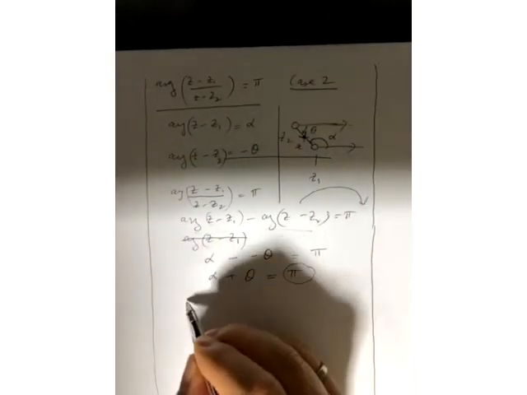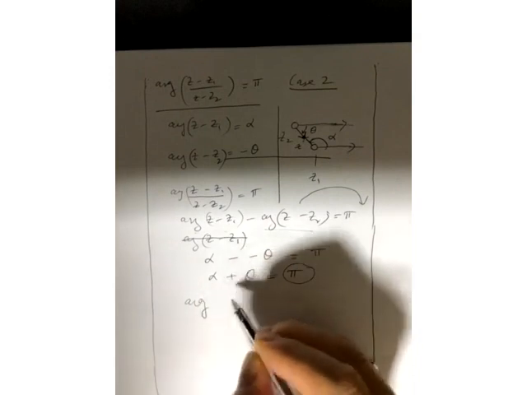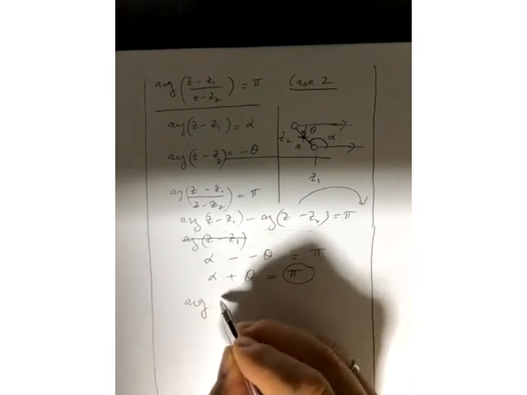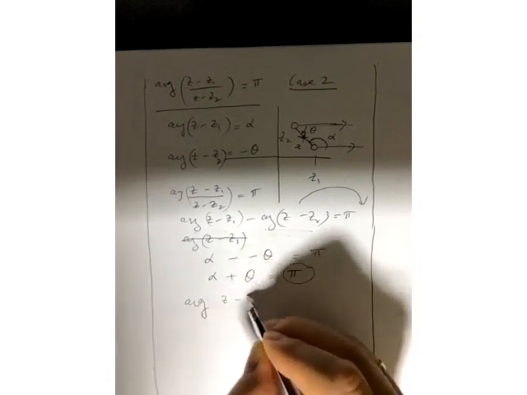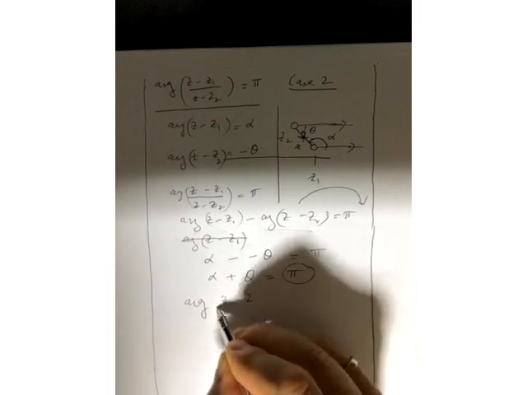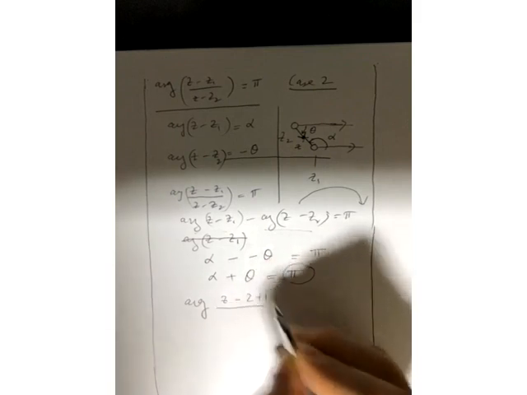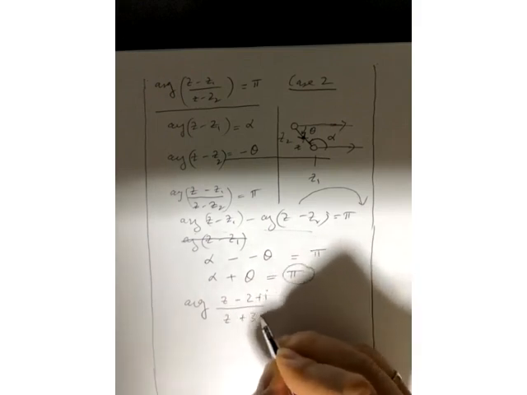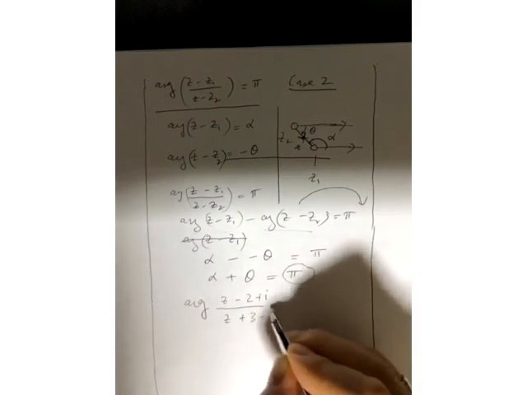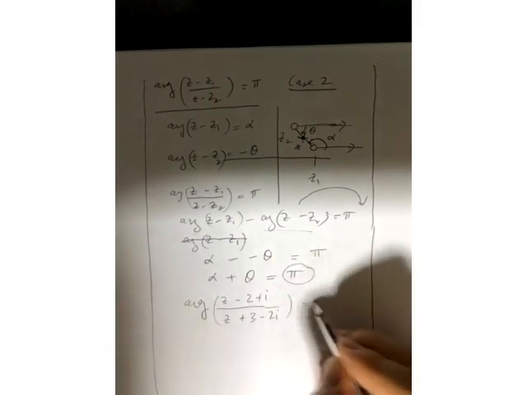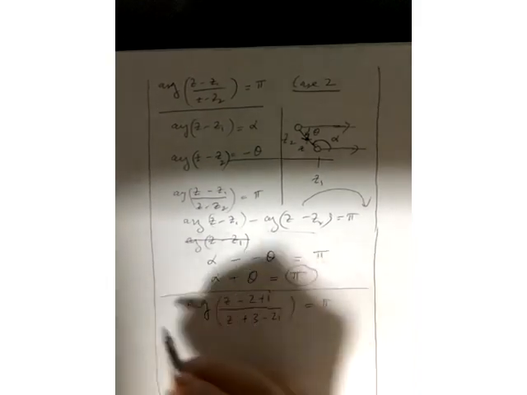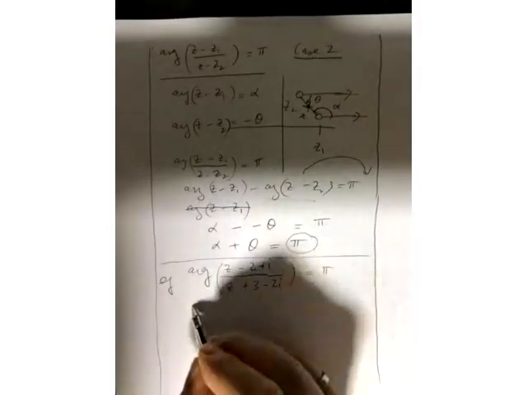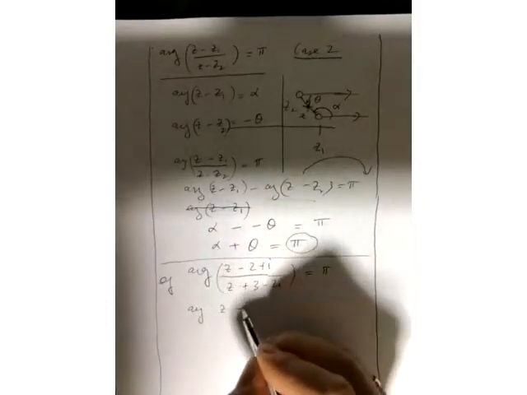So let's do a concrete example. I think this is one in the sample HSC 2020, but I'll just make one up. Let's say the arc of (z minus 2 plus i) over (z plus 3 minus 2i), I'm just making this up, equals pi. And you're asked to draw that. Well, you have to change it into the form of z minus z1, because it's not at the moment.